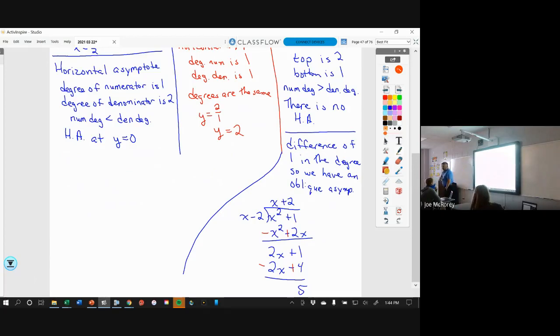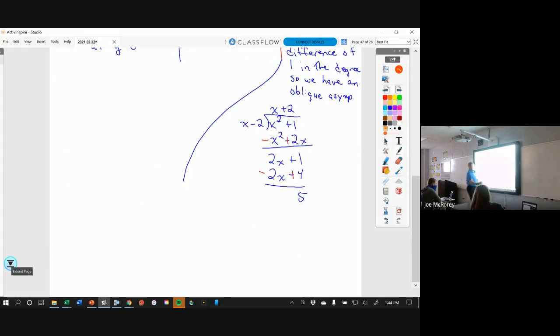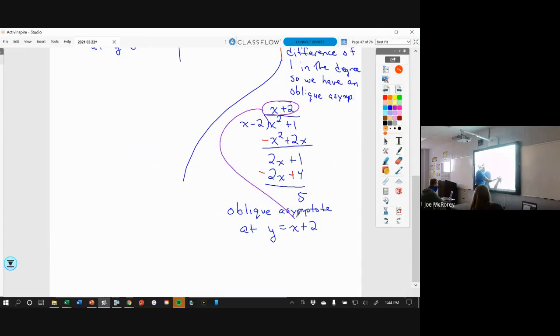No. So that's my remainder. I throw it away. I don't care. We have an oblique asymptote at y equals x plus 2. I took this x plus 2 and put it right there.